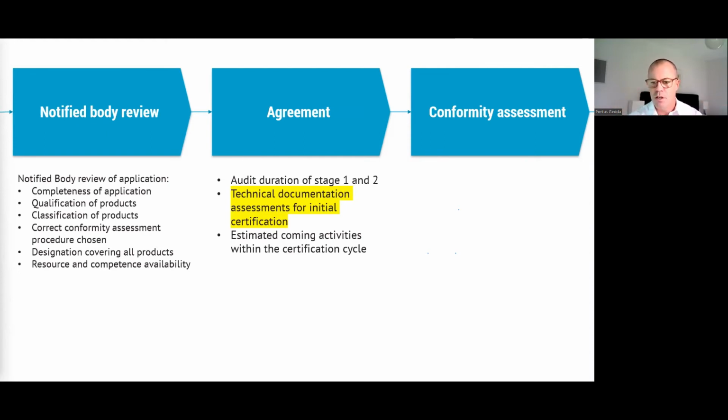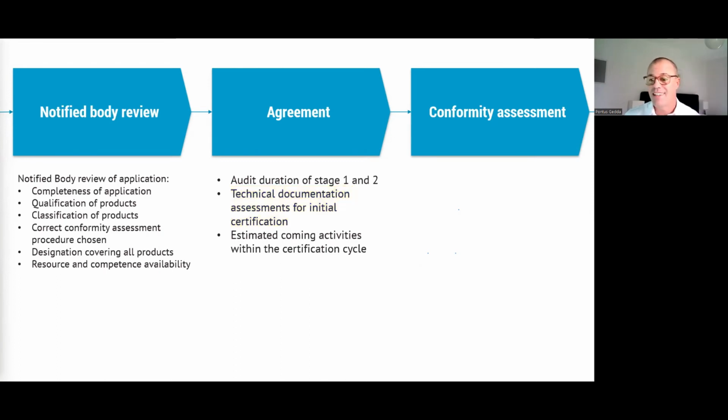But before the notified body can set up the proposal for the agreement, they need to calculate, of course, the duration of the initial audit activities and the technical documentation assessment for initial MDR certification. And of course, all coming activities within the certification cycle. So this is again where the MDA and MDN and the EMDN codes come into play, because that will basically decide how many technical files the notified body needs to call in before they can give you the first certificate.